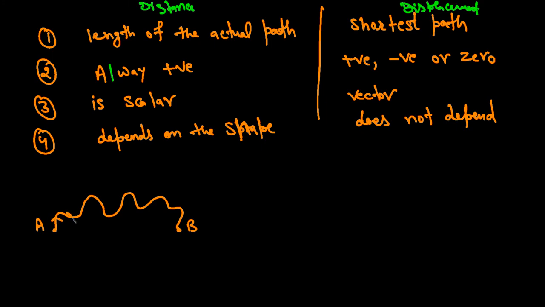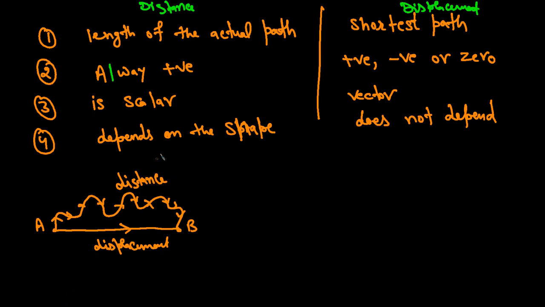Distance will be this whole length of the actual path, whereas displacement is the shortest path, which is just joining A and B with a straight line. So this is my displacement. It moved from point A to B, and we don't care about the shape of the path it followed. This is the distance in this direction.